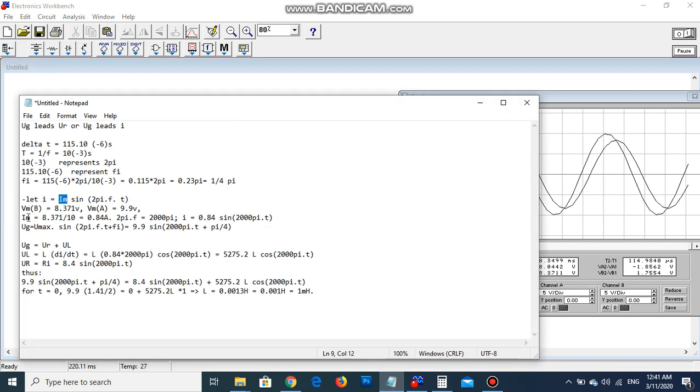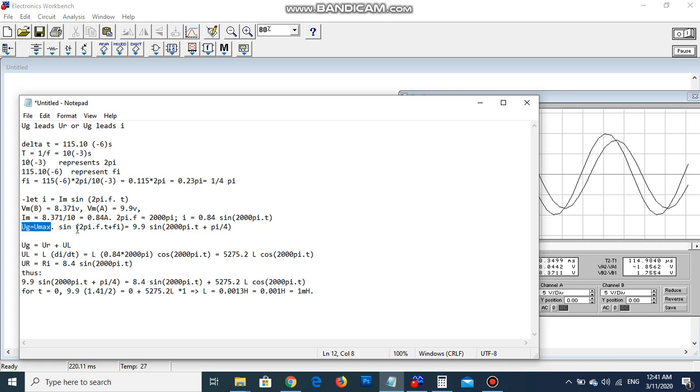I wrote here VB max is 8.37 volts, which is UR max. Finally, Im will be this number divided by 10, which is 0.84 amperes. On the other hand, 2 pi f is 2000 pi because f is 1000. So now I is 0.84, which is I max, multiplied by sine 2000 pi t.